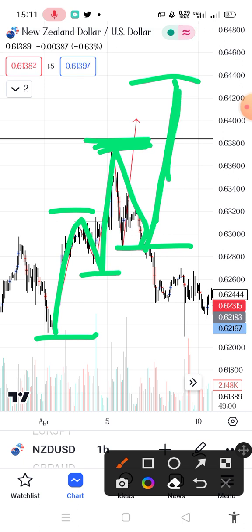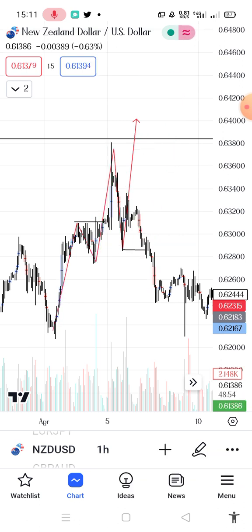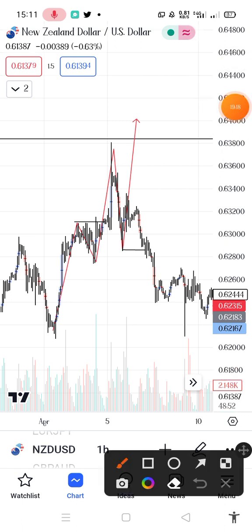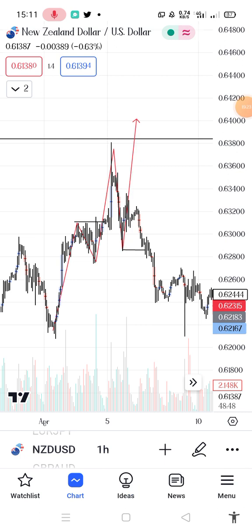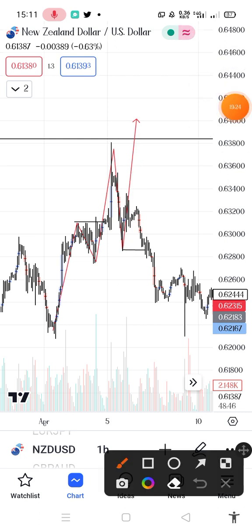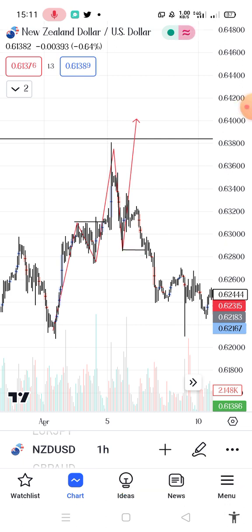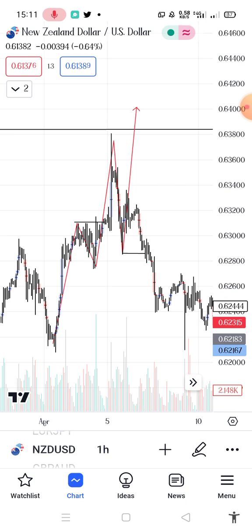Instead, it went down to break this higher low here. Instead of continuing the trend, it changed the trend. This is a reversal. In this scenario, I told you this is called a break of structure, but when it reverses, it's called change of character. Now, let me delete this thing here.